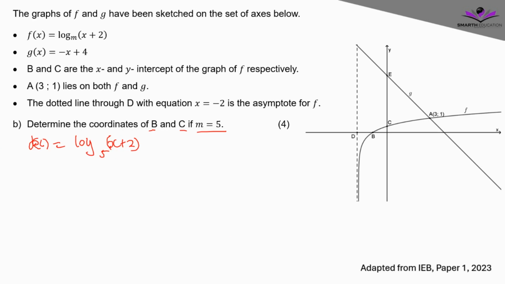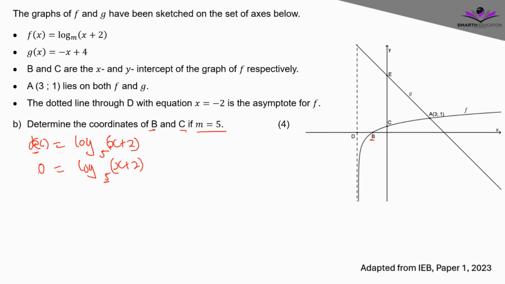Now we need to find the coordinates of B and C. Let's start with B. B is the x-intercept. At the x-intercept, we know that y is equal to 0. So where there's f(x), we put 0, and then we solve for x. So meaning that 0 is equal to log(x + 2) to base 5, right?